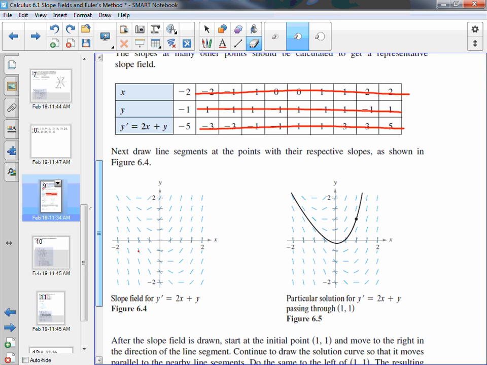Then you pick another point, and they kind of didn't go in the order I would have, but so x equals -2, then they decide, hey, what happens when y equals +1? So we're talking about the point -2, positive 1. So that point right there is the one we're trying to get the slope of. You put a -2 in for x, you put a +1 in for y, you get -3 for the derivative.